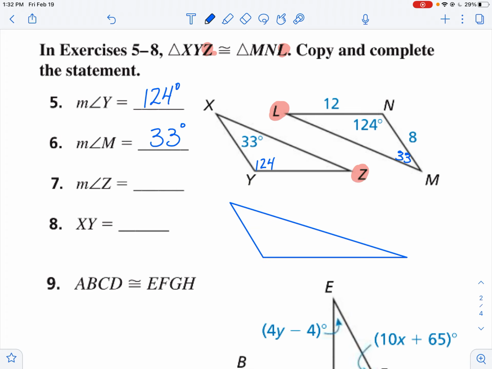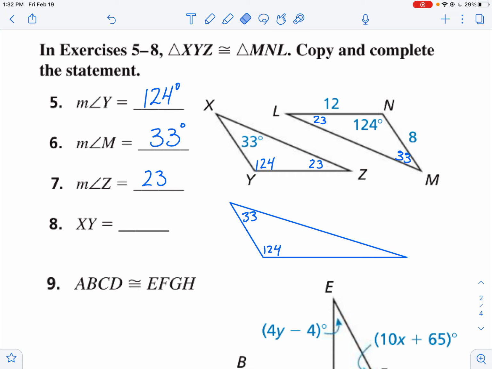How did I do that before when I had 124 and 33? Well, I know that these three angles should add up to 180. So I could take 180 minus 124 minus 33 to figure out what Z is. And Z would be 23, which means that L is also 23 because those are corresponding parts.